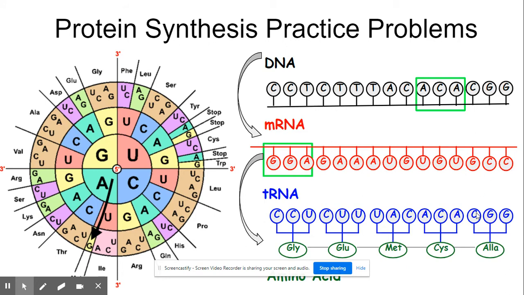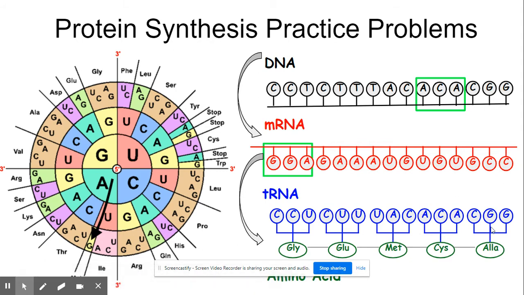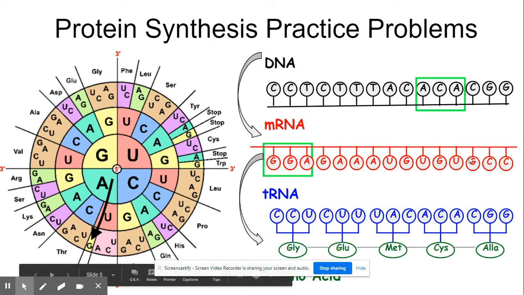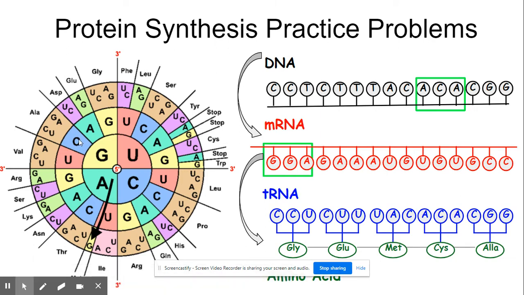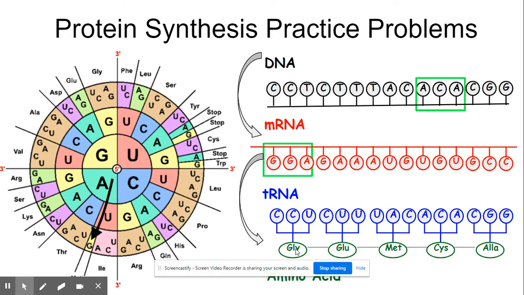And that's a common mistake, using transfer RNA instead of the messenger RNA to figure out what amino acid. So GCC, if you take a look at it, codes for alanine, ALA, which I spelled incorrectly here. So let me fix that.